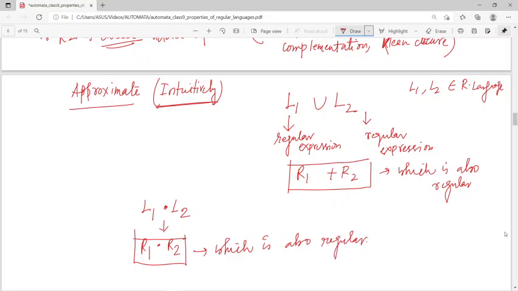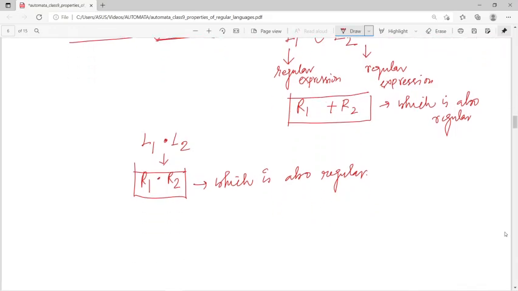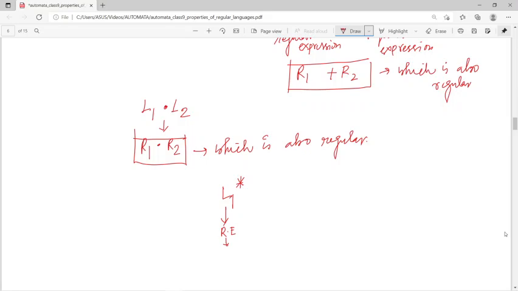Similarly, intuitively, for the Kleene closure, the corresponding regular expression is R1 star, and of course that is also regular. That is the basic rule of regular expressions, which is also regular.